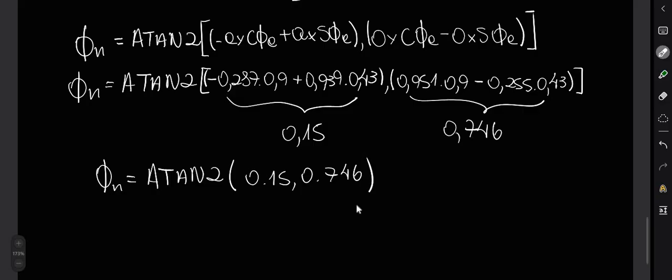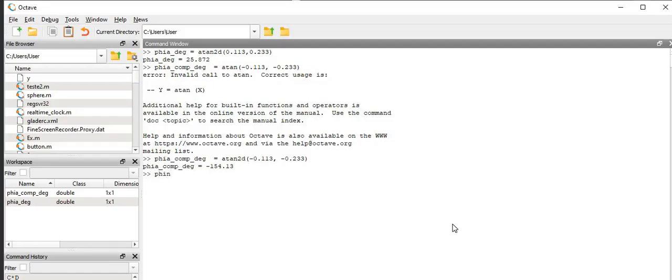Okay, phi n is equal to atan2 of 0.15 and 0.746. This result is diverging from the book.